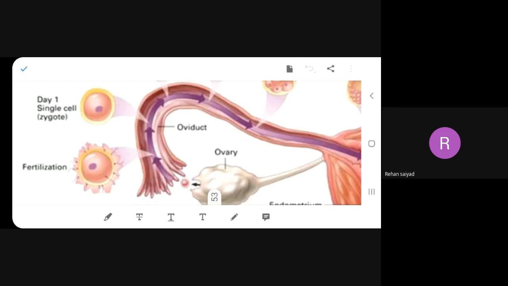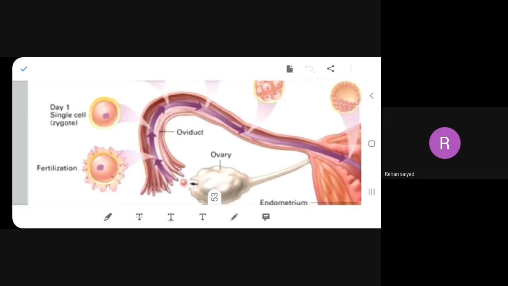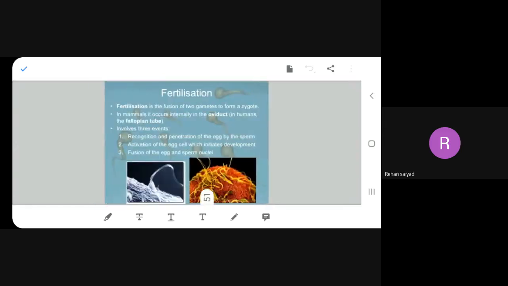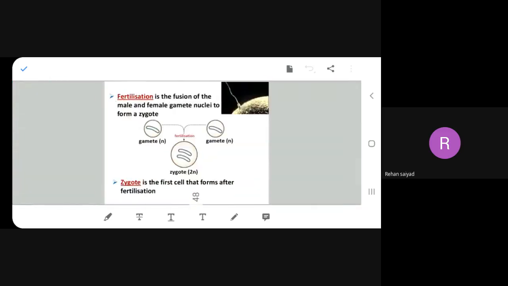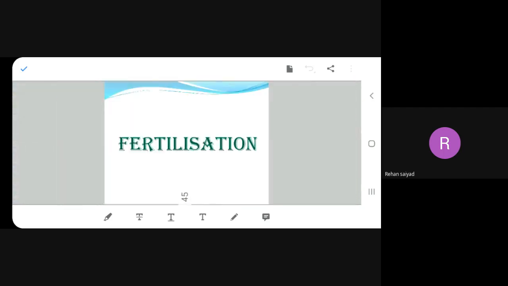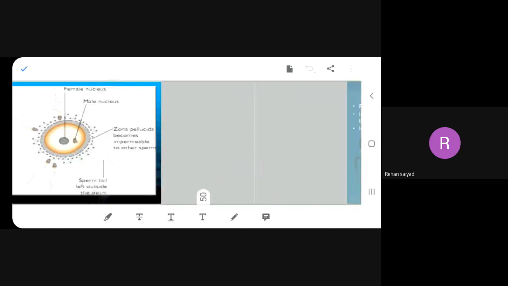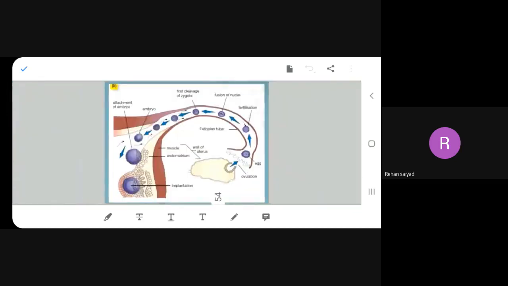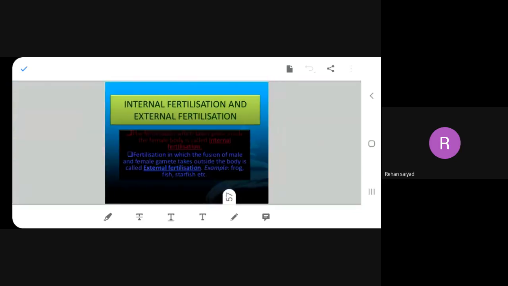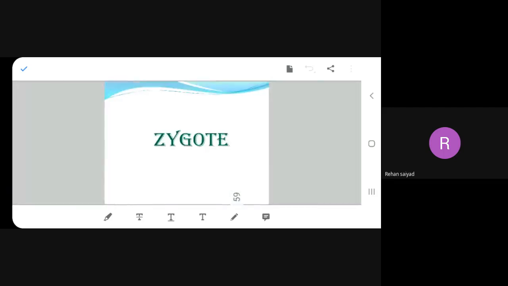Good. External fertilization takes place in frog. Is it true or false? True. Very good.